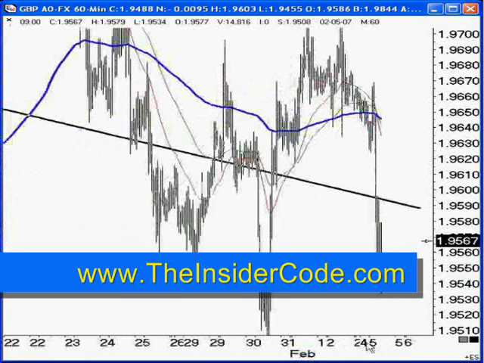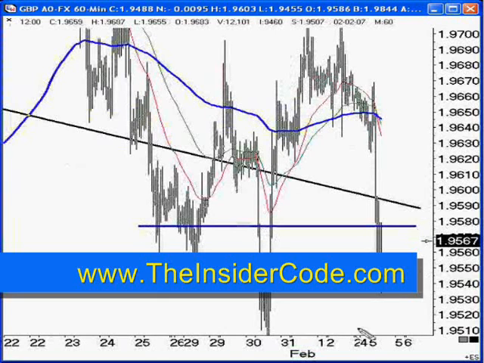Okay, now let's go back over here, and you can see once again that it is right in the area. Now remember, at this stage of the game, we don't need to be precise. All we're looking for is an area. The question is, is this an area where it's logical for the market to reverse?